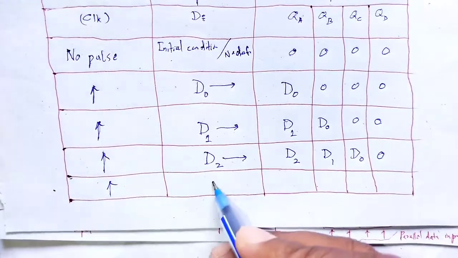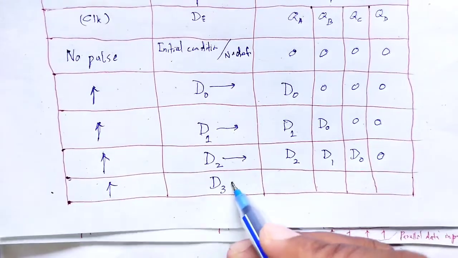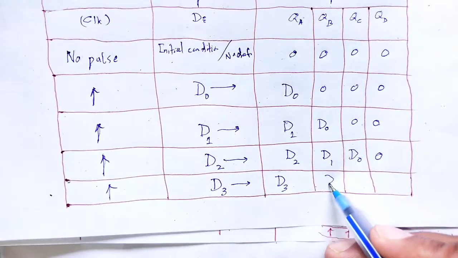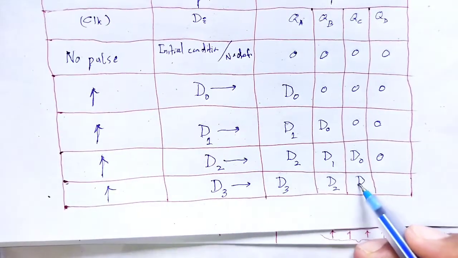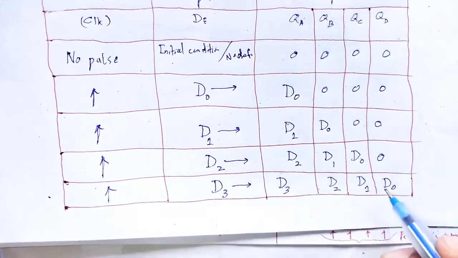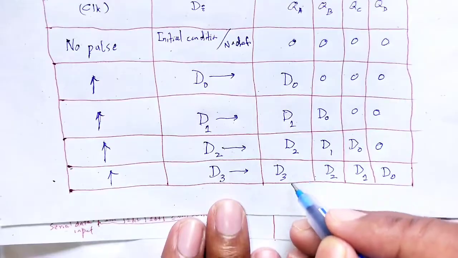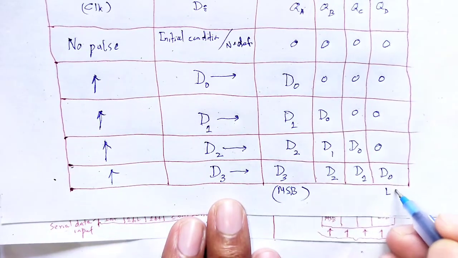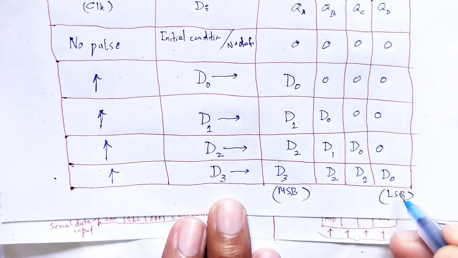Another pulse, D3, here D3 D2 D1 D0. D3 is the most significant bit, D0 is the least significant bit.